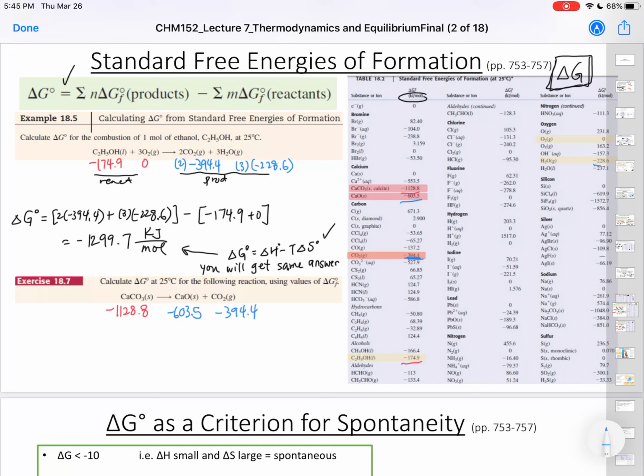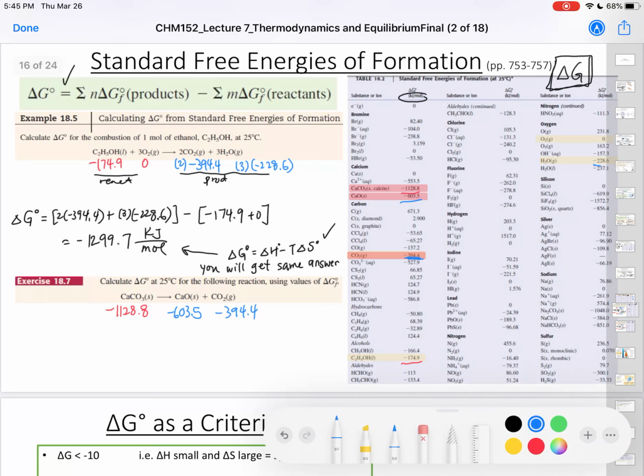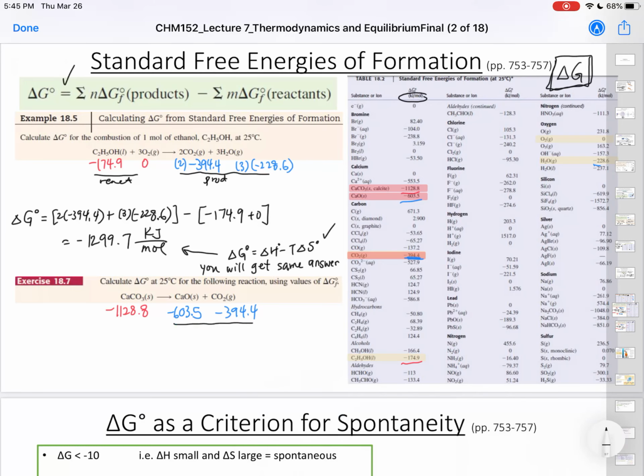And your carbon dioxide is already shown here as minus 394.4. The stoichiometric coefficients in this case are 1, 1, and 1 because there are no numbers in front of these. So again, you're doing products minus reactants. These are your products, and this is your reactant. So delta G is equal to minus 603.5 plus minus 394.4, and then you subtract the reactant.